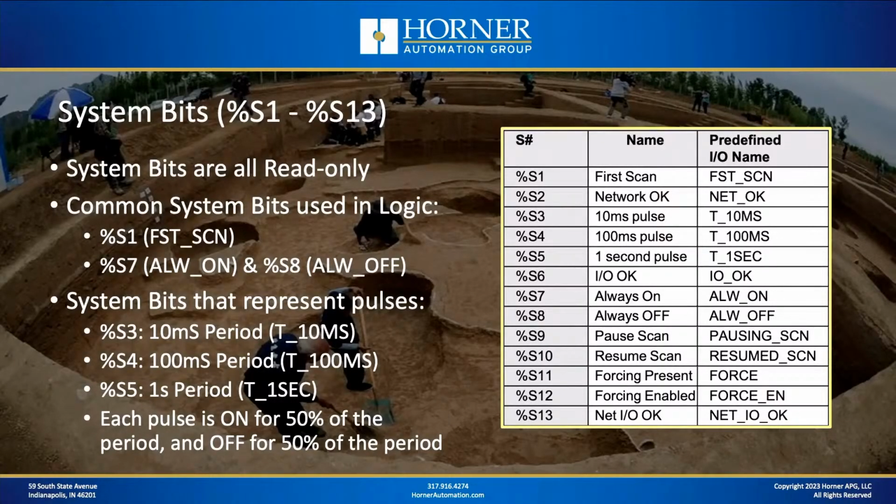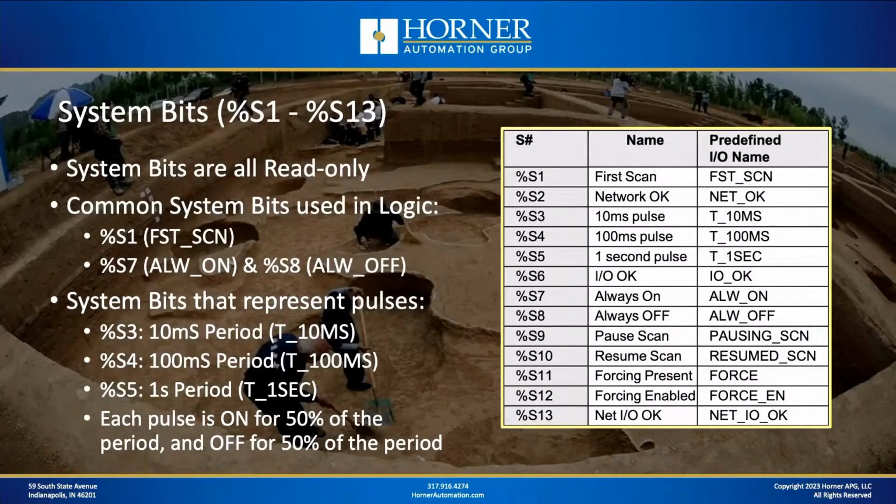We use those very frequently as well, especially always on when you've got a rung that doesn't have anything but a function block and you need to start it with a contact. Always on, of course, is the one that we use most frequently with that. Now, some other system bits that are pretty useful include those that represent a pulse. So there are 3 system bits that are on for a specific period.